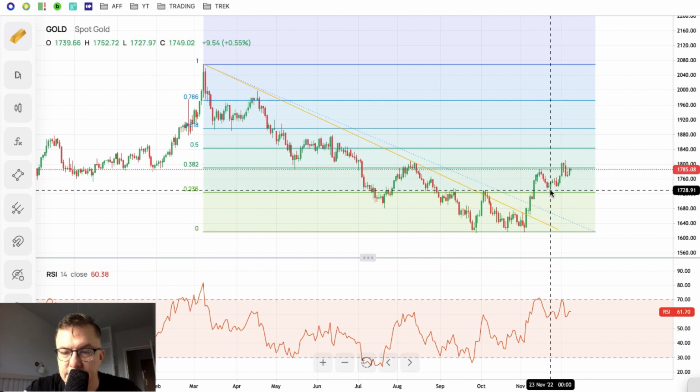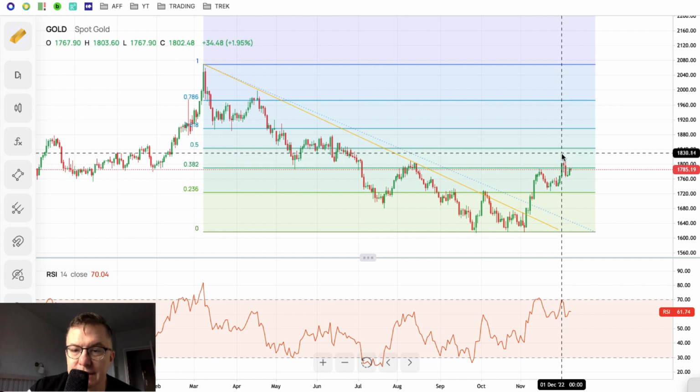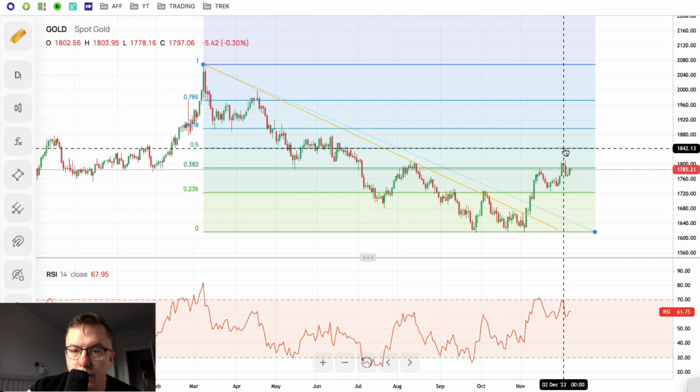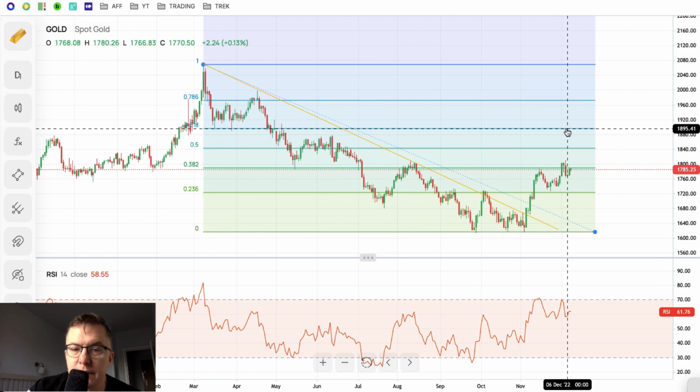We just hit it, then straight on we got the test of the local technical support. We're still going up, broke above the 38% of the retracement. Now the target is 50%, 1842.